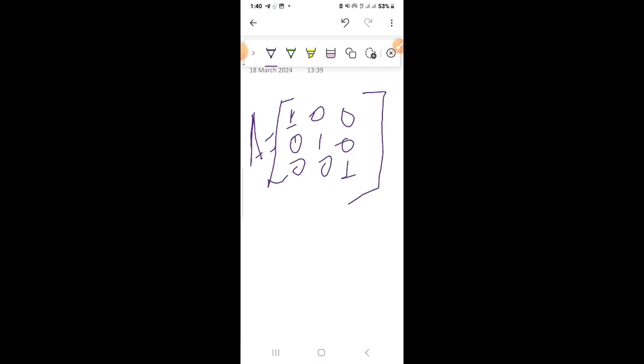This is a kind of scalar matrix where all elements in the main diagonal are equal, which is 1. So such a type of matrix is called a scalar matrix.